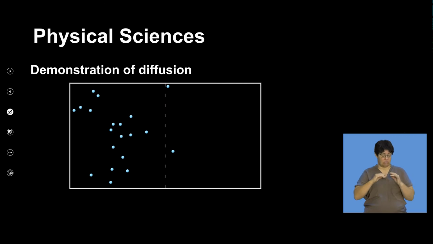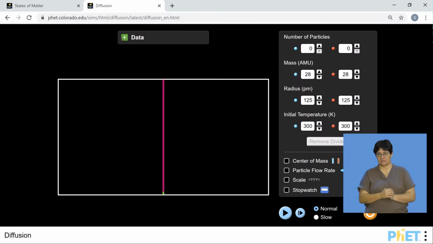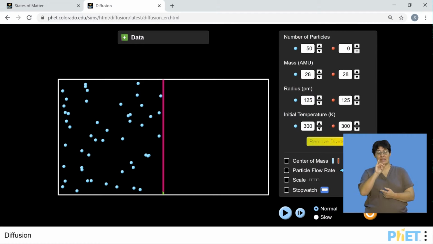Now let's look at a practical demonstration of what exactly happens, because some of these ideas can be somewhat abstract, but if we actually get to see it, we can at least derive some understanding of what exactly happens, okay? So let's look at, for argument's sake, this simulation that shows what exactly happens when diffusion occurs, okay?